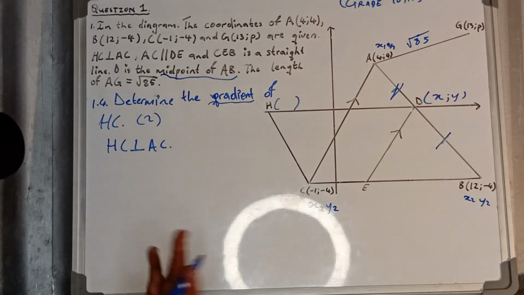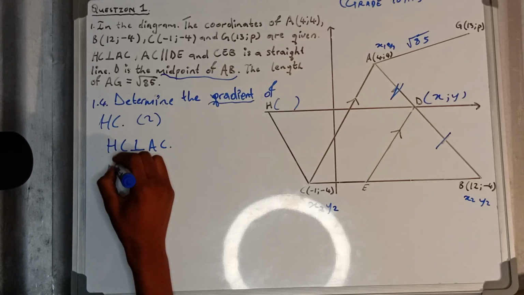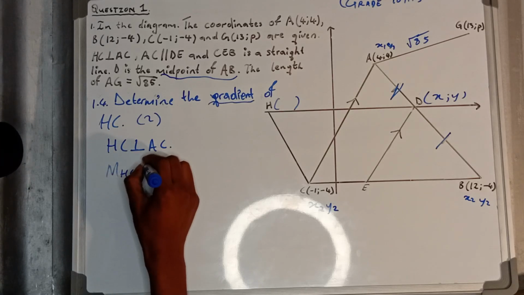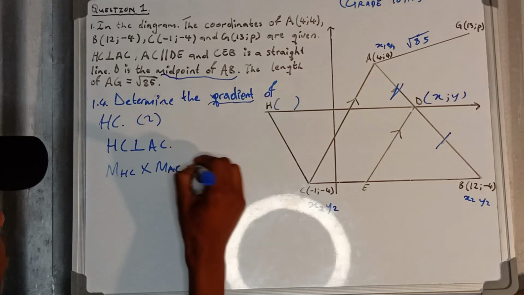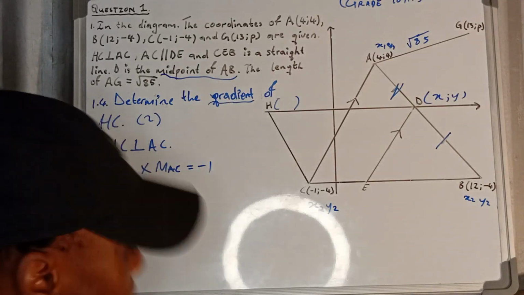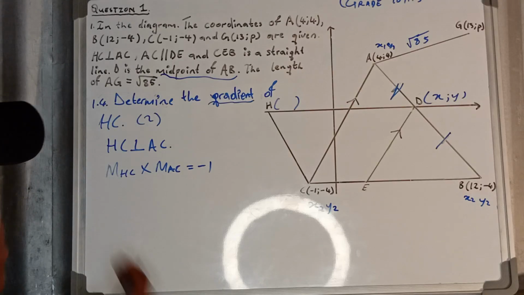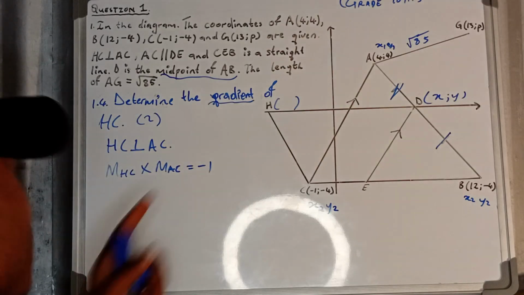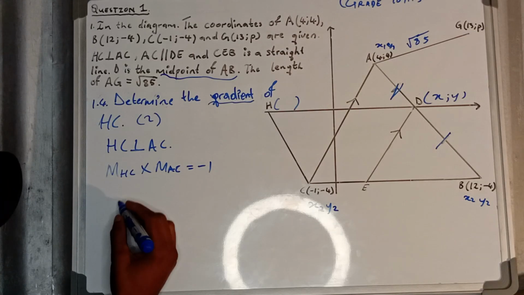That means to find the gradient of HC, we say the gradient of HC multiplied by the gradient of AC must give us -1, because they are perpendicular.